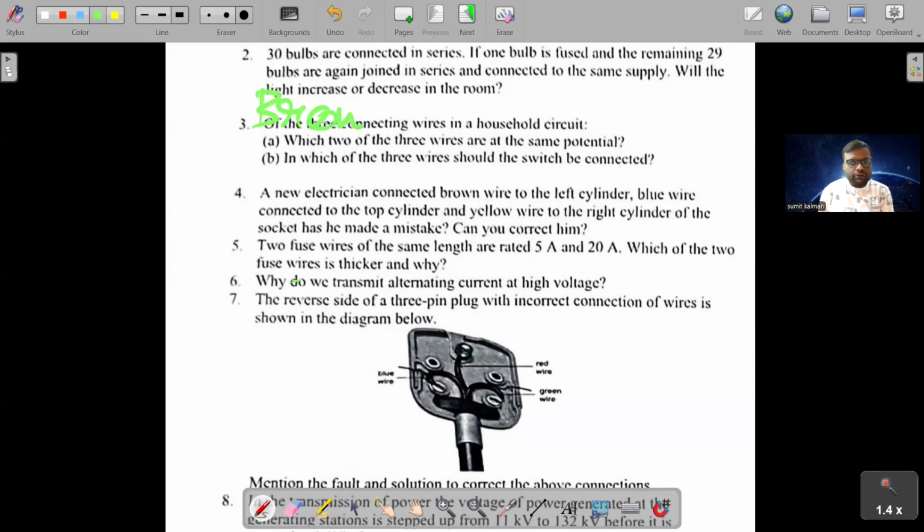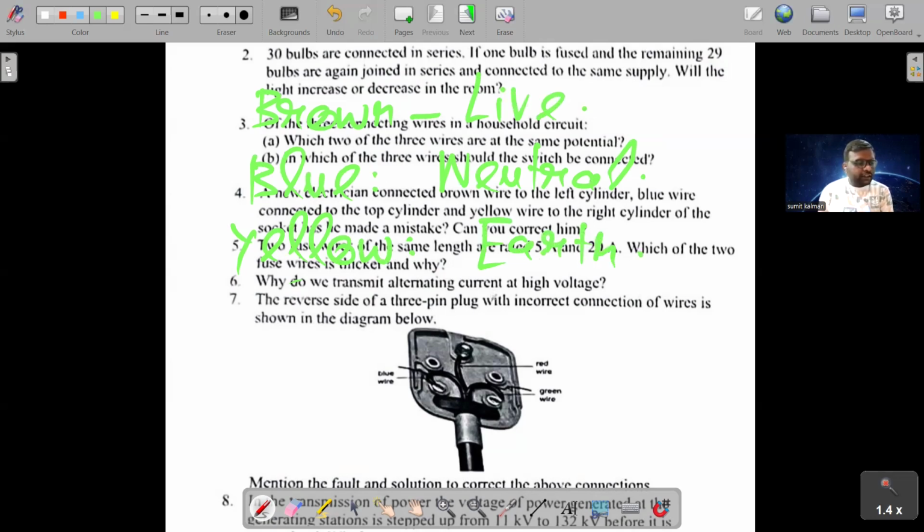Brown we use for live wire, blue we use for neutral wire, and yellow we use for earth wire.